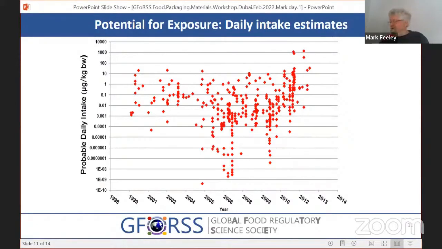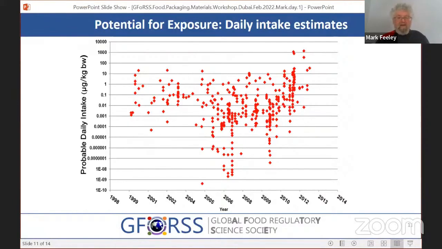This particular slide is simply something that Health Canada has produced. Up until about 2012, they had assessed approximately 500 different chemicals from packaging material submissions.